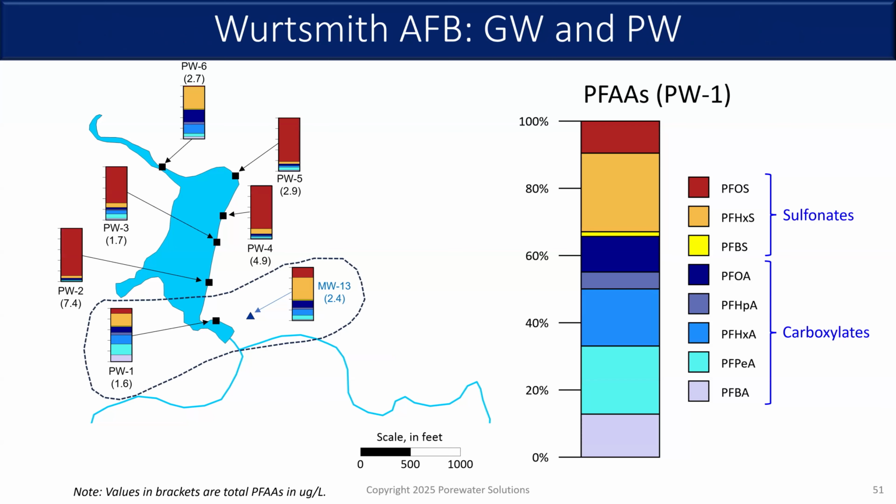So now what's interesting is if you plot other pore water samples from the same pond, and now we've got a completely different chemical signature. The red is PFAS, and you can see looking at PW4 and just counting the tick marks, PFAS is 80% of the total of all these chemicals at PW4. It's a little over 80% at PW5, about 65, 70% at PW3, about 90% at PW2.